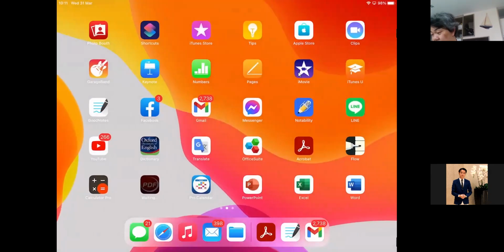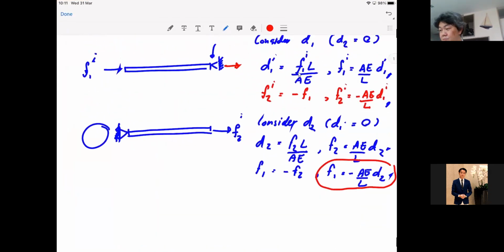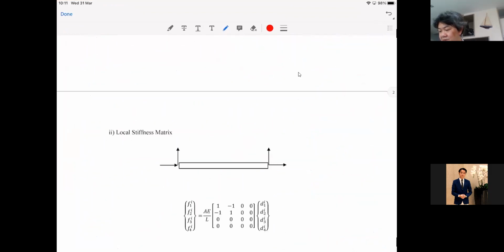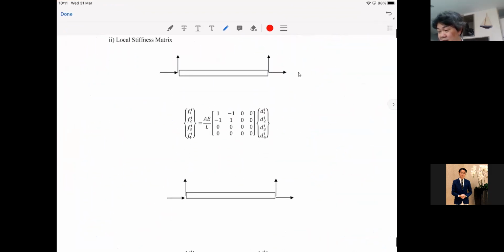So you can go back to this file. So we have the general development. You have this matrix already. I already showed you in the GoodNotes that it begins here. So you can fill this in if you want. That's this typical one for F1, D1, and then F2, D2, right?